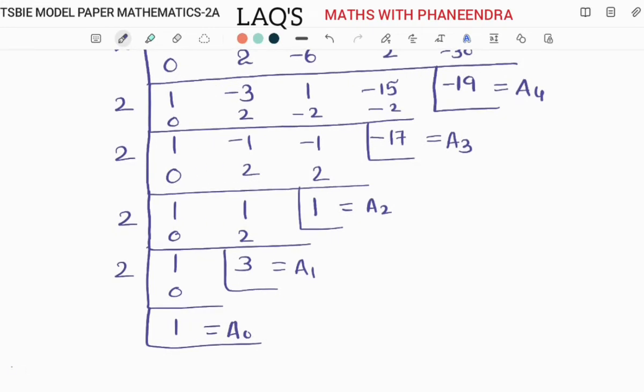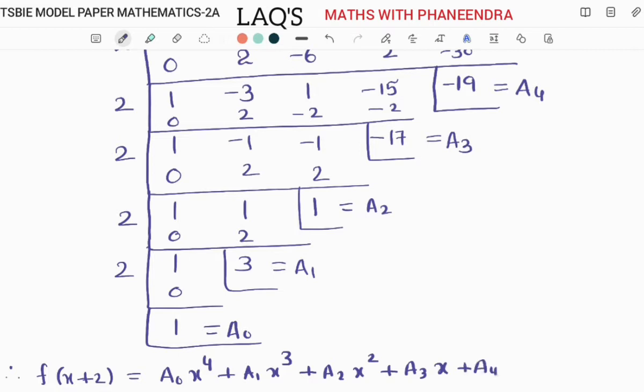Whatever we wrote, f of x plus 2 equal to 0, that x plus 2, we can write it as a naught x power 4 plus a1 x power 3, like this way it will go, a2 x power 2, a3 x plus a4 is equal to 0. This is the way we can write it.